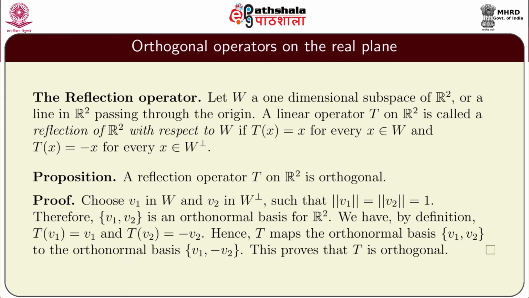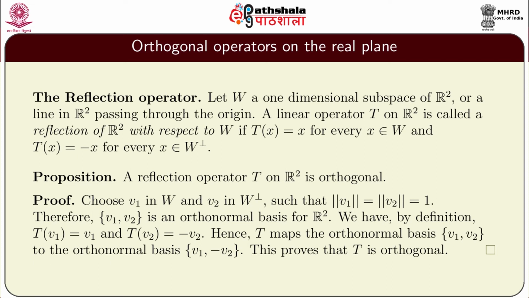Let W be a one-dimensional subspace of R2 or a line in R2 passing through the origin. A linear operator T on R2 is called a reflection of R2 with respect to W if Tx is equal to x for every x in W, and Tx is equal to minus x for every x in W perp.